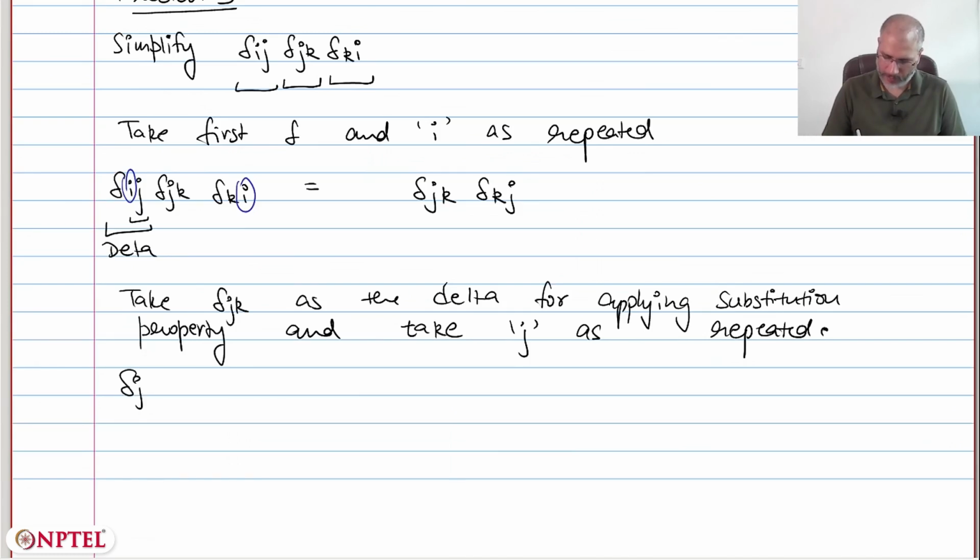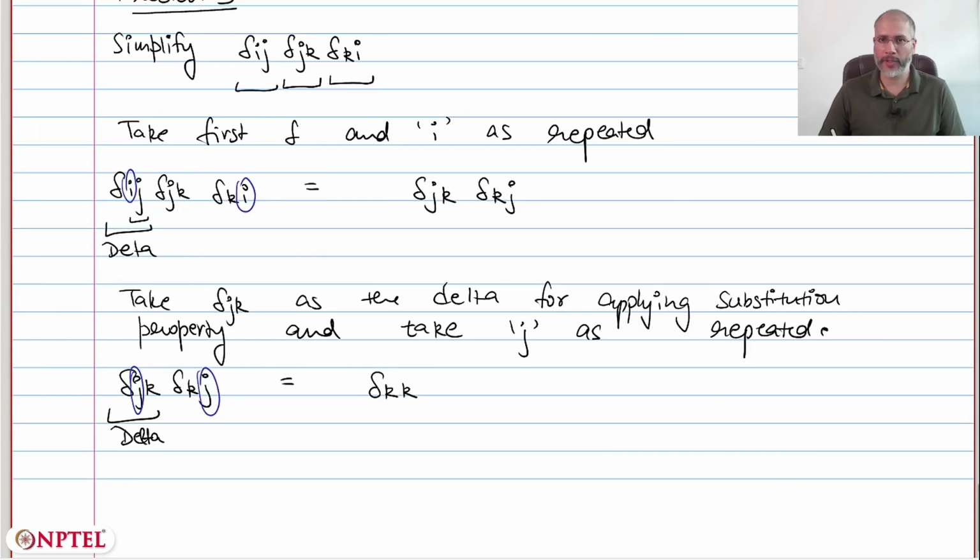So the expression that we had, delta jk times delta kj, will reduce because this is taken as a delta and the index j is taken as repeated. So we have delta kj left, but we are replacing j with the other index, that's k. So this becomes delta kk.